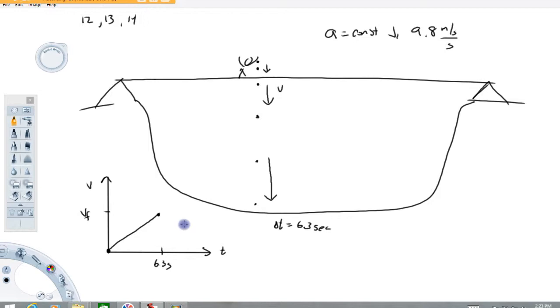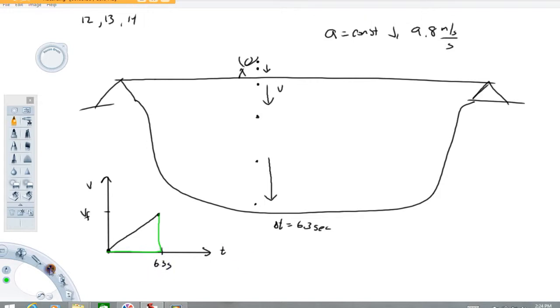These graphs have two important properties about them: slope and area. These are the two properties that we can use to calculate or analyze the motion of the rock. So let's talk about slope first. Remember, slope is rise over run. This would be the rise. That's what I called v final. This would be the run. In my example, that's 6.3 seconds.